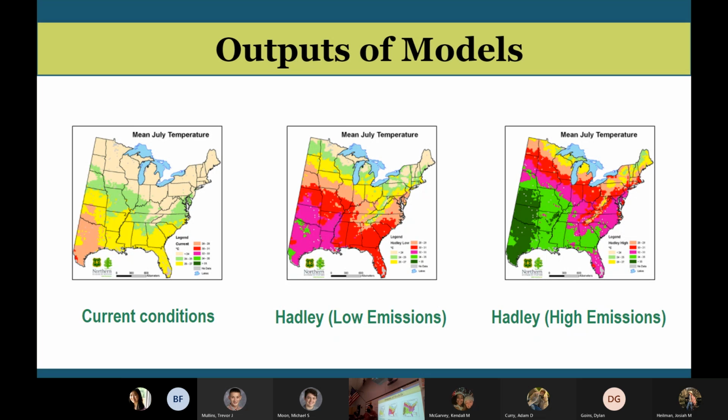So the low model suggests, and I don't know exactly when, I don't have a lot of information here, I don't know if it's 10 years into the future, they have that information. But the Hadley model suggests that in the future, Kentucky is probably going to be a little bit of the light pink, maybe even a little bit of the yellow for the lowest possible change.